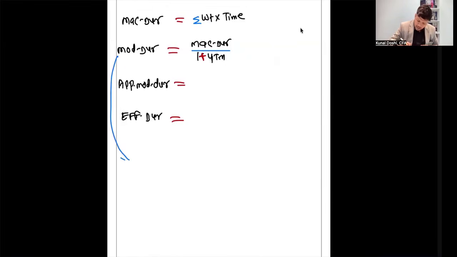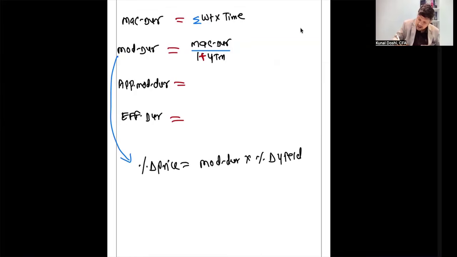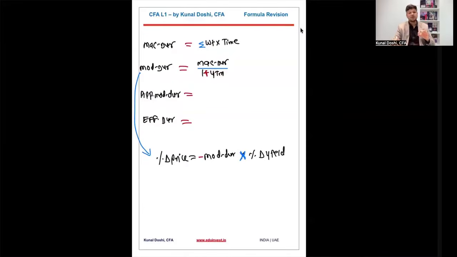I will repeat, the percentage change in price of the bond is nothing but modified duration into percentage change in yield. Remember, modified duration is always negative. Why? Because there's an inverse relationship between yield and price. Is everyone clear with this relation?